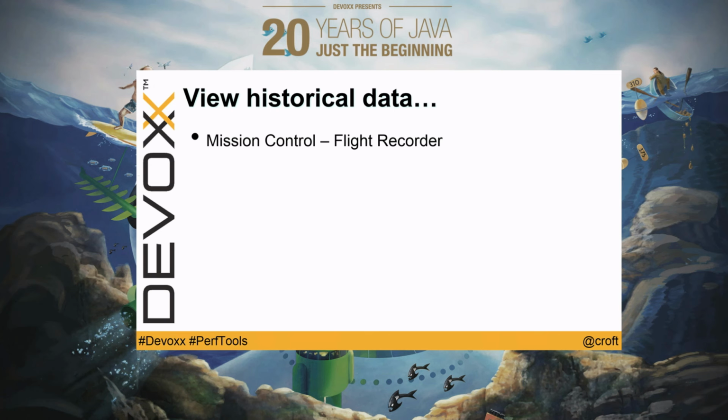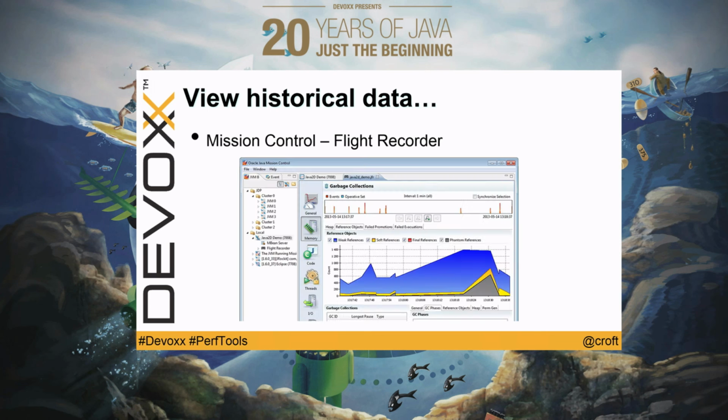So best case scenario, the really ideal thing that we can have would be, I would say, Mission Control's Flight Recorder. And this will give you all of the huge amount of detail and information that you get from Mission Control, but in a historical way. And you can actually configure it to run continuously, sort of like a ring buffer. So it will be a time-boxed period.